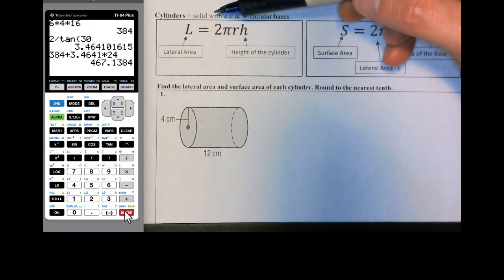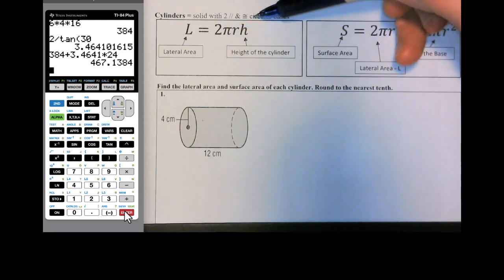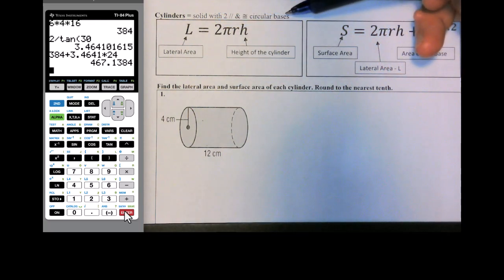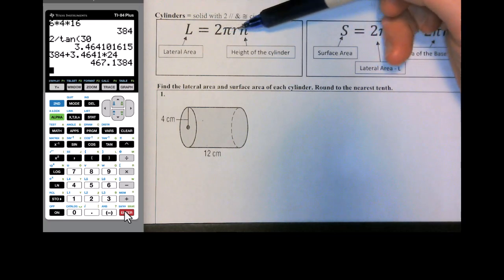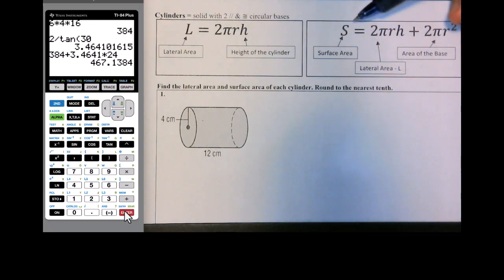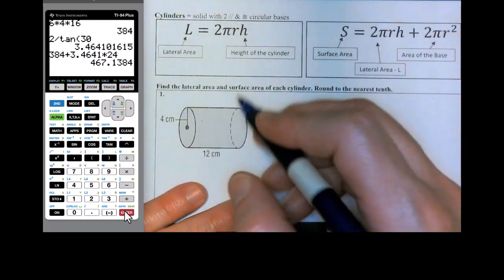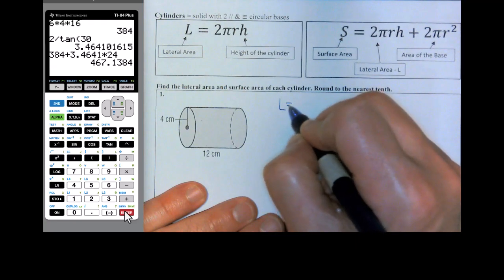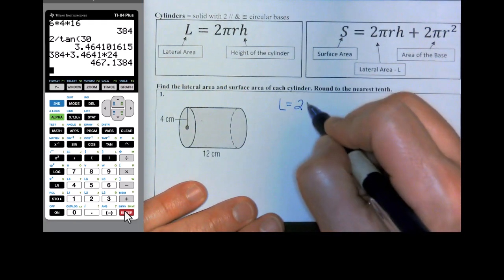So basically, a cylinder is a solid with two parallel and congruent circular bases. The formula for the lateral area is 2 pi r h, and the surface area is 2 pi r h plus 2 pi r squared. If you notice here, this is 2 times the area of the base. Okay, so very similar to the ones we did before, except now we're dealing with cylinders.